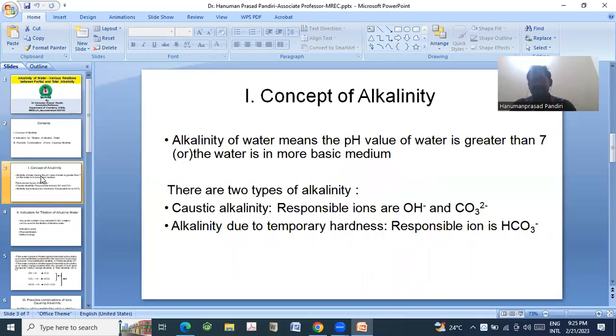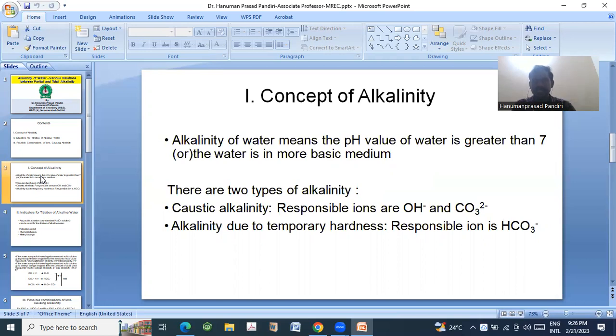The alkalinity of water is mainly due to three ions: hydroxide, carbonate, and bicarbonate. Hydroxide ion is represented as OH minus, carbonate ion is represented as CO3 2 minus, and bicarbonate ion is represented as HCO3 minus.